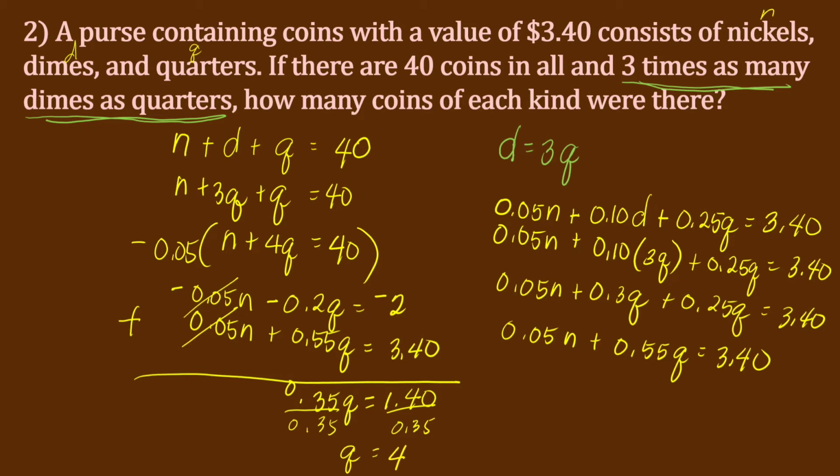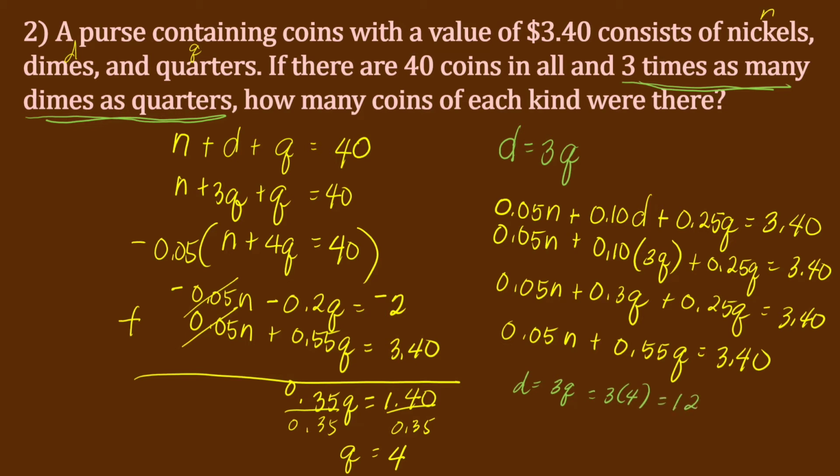So this Q equals 4 means that there are 4 quarter coins inside the purse. Okay? So if there are 4 quarters, we can substitute 4 here so that we can get the number of dimes. So 3 times 4 equals 12. So the number of dimes is 3Q, which is 3 times 4, and equal to 12.